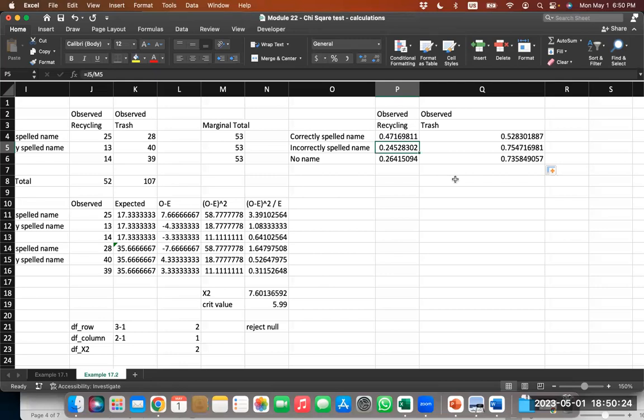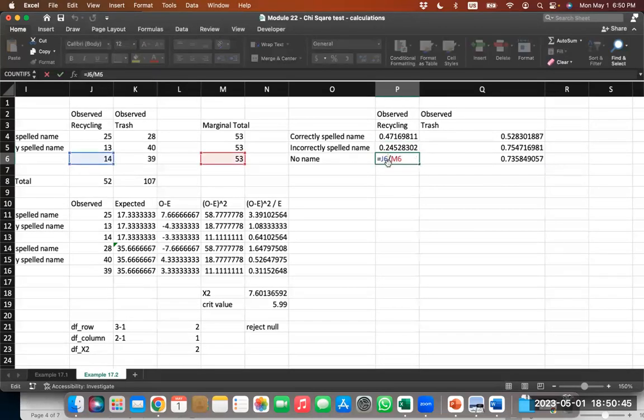You have 53 trials and 25 successes. That gives you a 47% probability of that cup being recycled when the name was spelled correctly. Conversely, if there's no name on it, you have a 26% probability of recycling when there's no name.